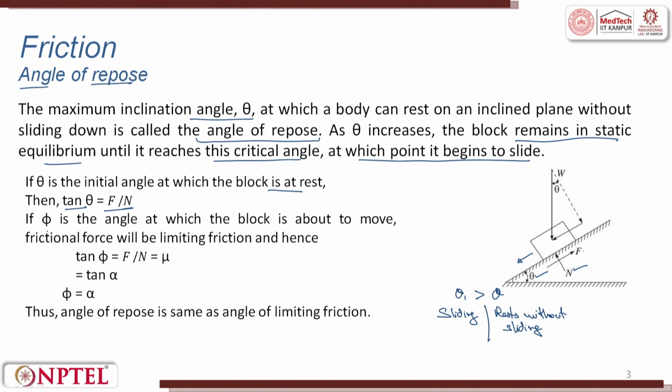If phi is the angle at which the block is about to move, the frictional force will be limiting friction and hence tan phi is equal to F by N, that is equal to mu, that is also equal to tan alpha. Here phi is equal to alpha, thus angle of repose is same as angle of limiting friction, right.